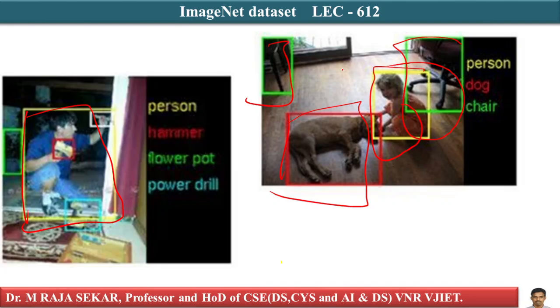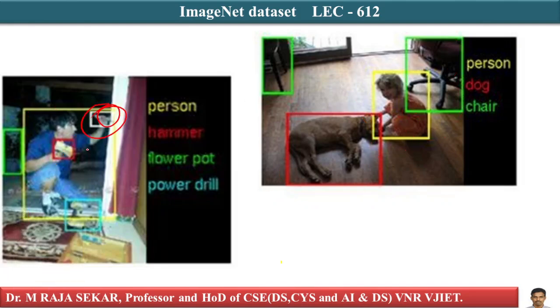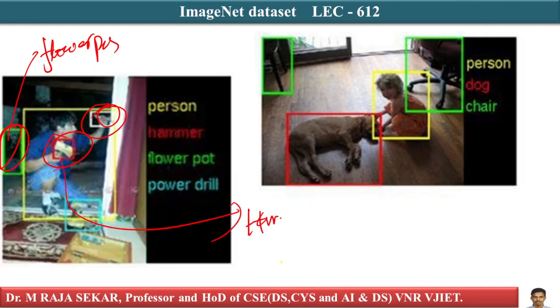If you observe this image, you have a power drill, you have a hammer. It says where is the power drill, where is the hammer, where is something like a flower pot. Actually this image is not clear. Where is the hammer, where is the power drill?